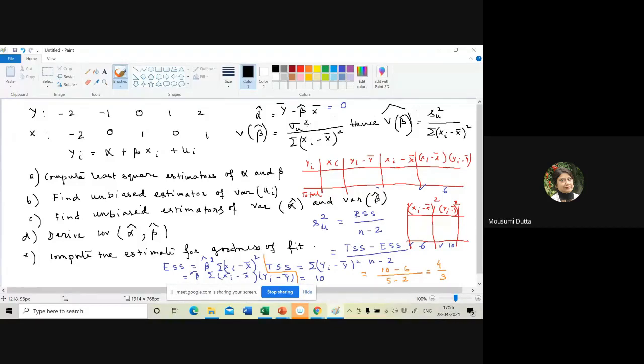Now you have the value for Su square in your hand, which is 4 by 3, and you know the value of summation xi minus x bar whole square. So you will be able to tell me the value for the unbiased estimator of variance of beta hat.